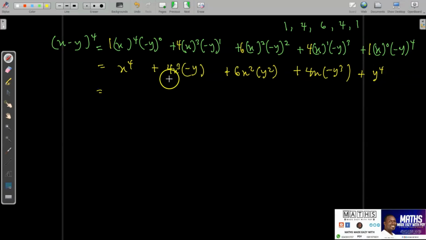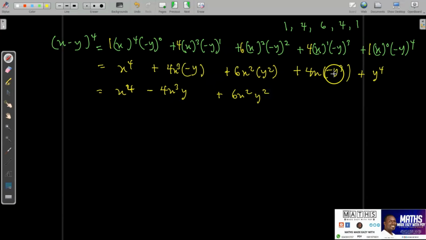So finally, over here, we'll have x to the power 4, minus, because of the negative sign here, or negative 1 coefficient for y, we'll have minus 4x cubed y. This one, everything is positive, so plus 6x squared y squared.